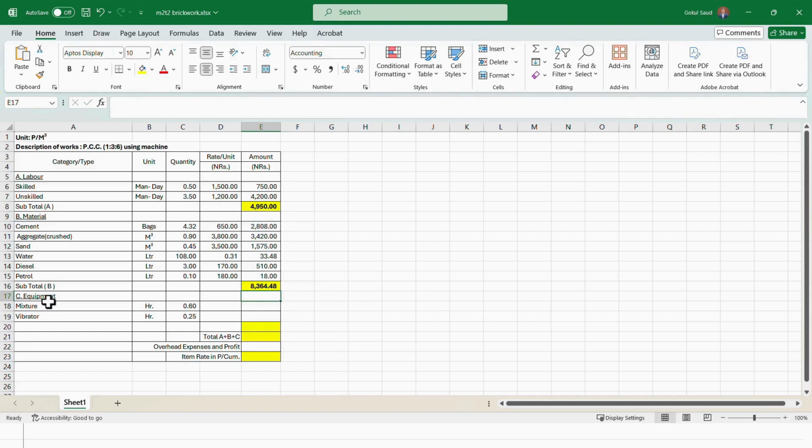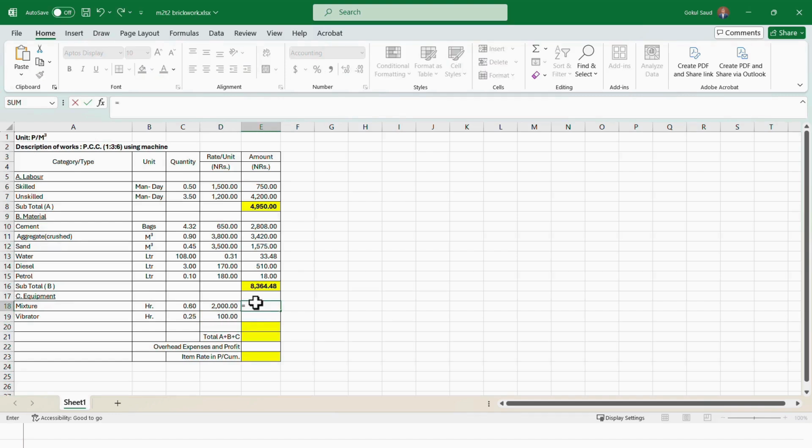Okay, then we got the equipment. You can take equipment as 3% of the labor cost, and if you want to be more accurate, you need to list the equipment, then get the standards, how much quantity is required, and then fill the rate per hour. So for the mixer, I will take 2000 per hour, and for the vibrator, I will take around 100 rupees per hour.